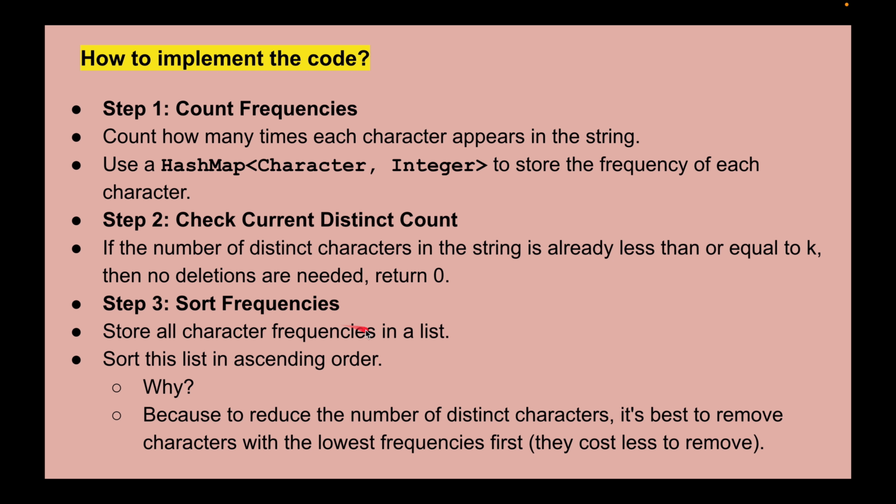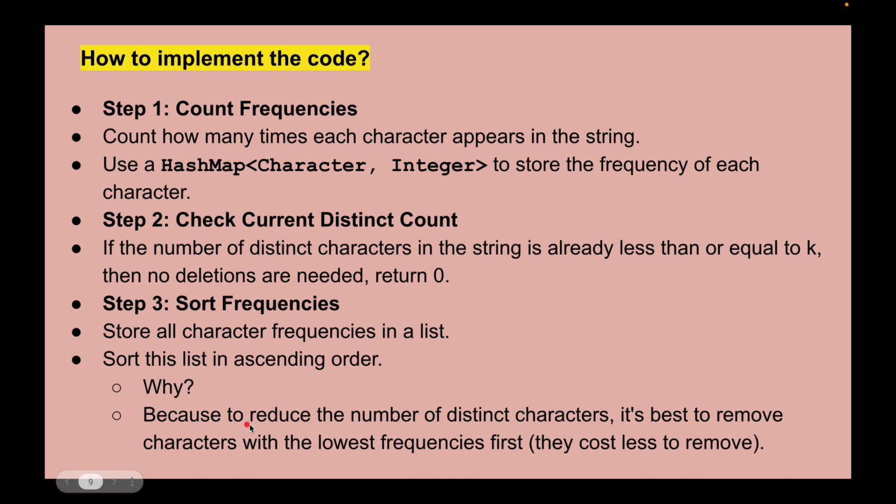Then in step 3, sort the frequency. Let's suppose the number of distinct characters in the string is already less than or equal to k, then no need to do anything, right? But otherwise, we have to sort the frequency in ascending order. So in the otherwise condition of step 2, we'll do the sorting of the frequency and store all the character frequencies in a list, and then sort this list in ascending order.